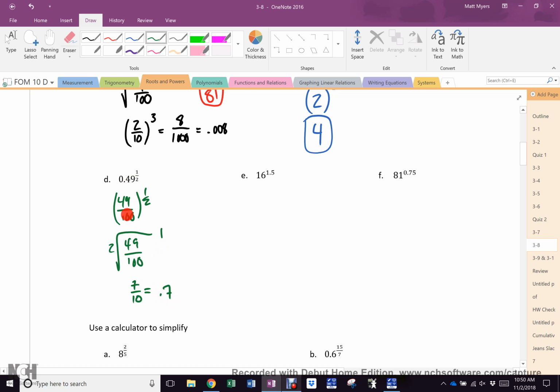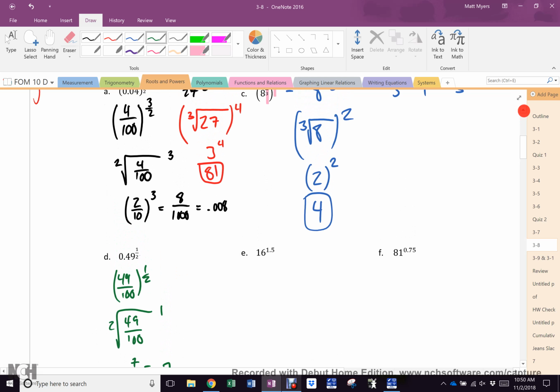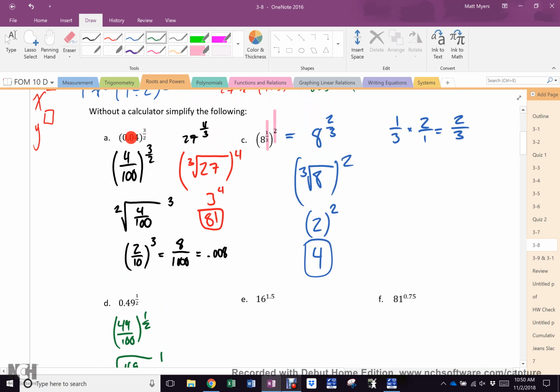Now that, of course, should give you another shortcut, yes? 2 decimal places, square root. It's the square root of 49, but with only 1 decimal place, right? Right above it was the square root of 0.4. 2 decimal places. Square root of 4 is 2 with 1 decimal place. 2/10, 0.2. Everybody cool? Sweet.